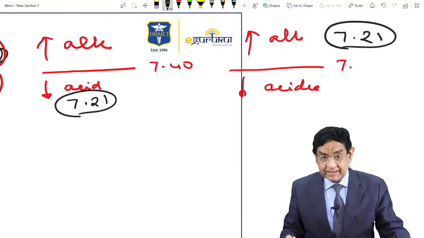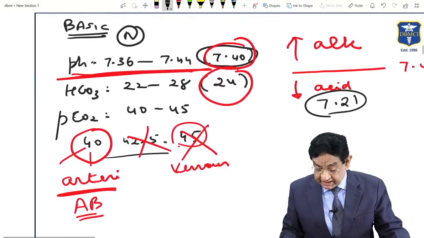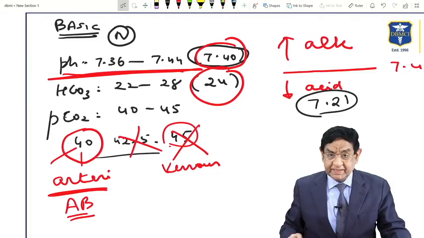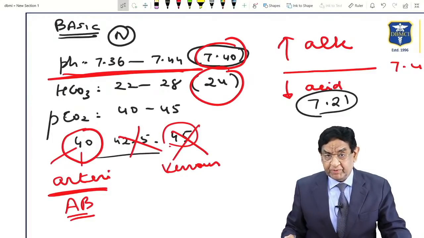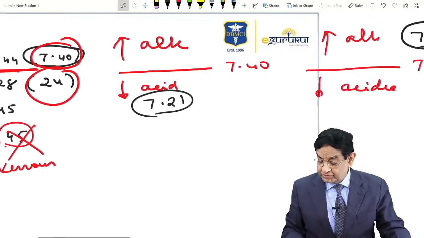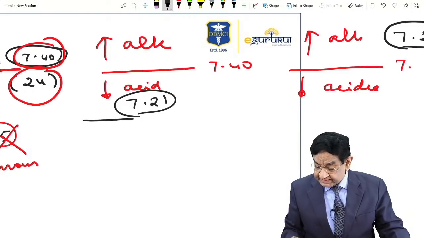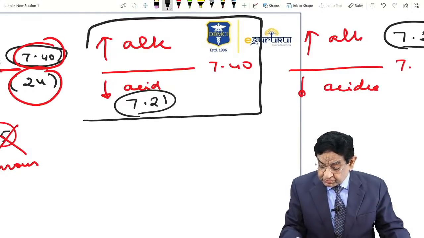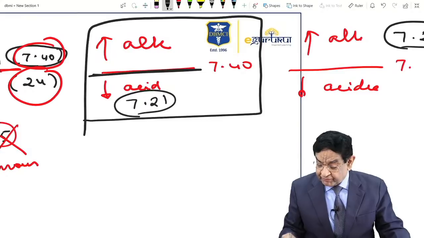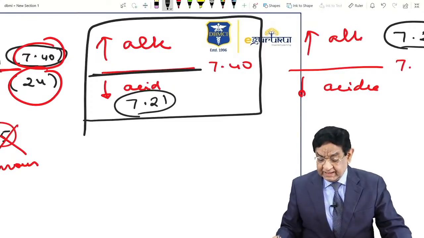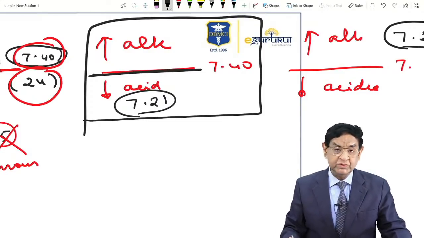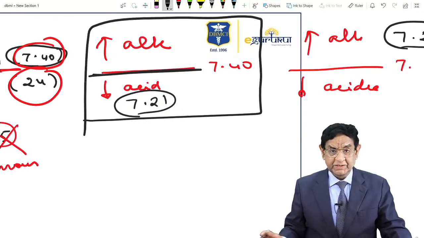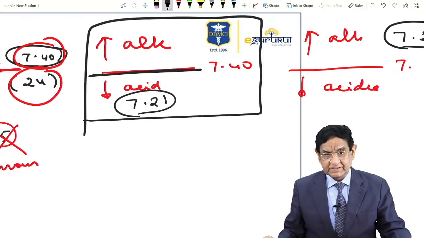So friends, repeating a second time: normal pH is 7.36 to 7.44, average 7.40. In medical sciences, in the blood, anything above 7.40 will be alkaline and anything below 7.40 will be acidic. They are the basic concepts, right?